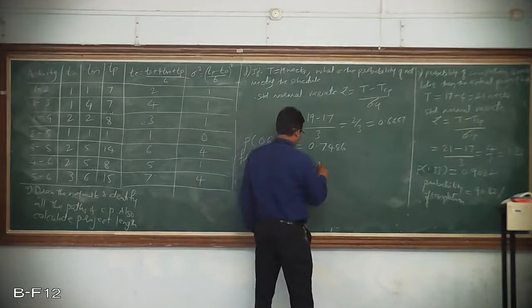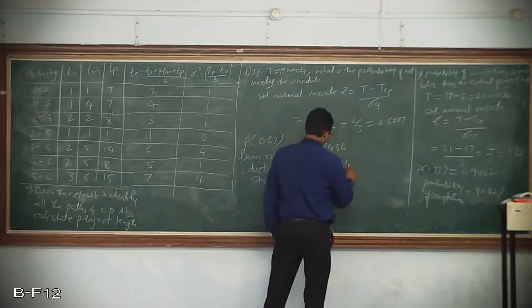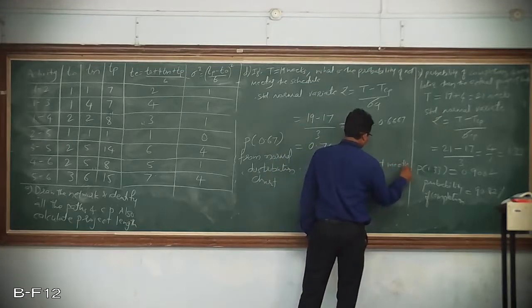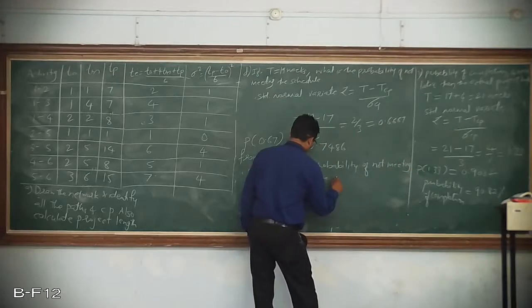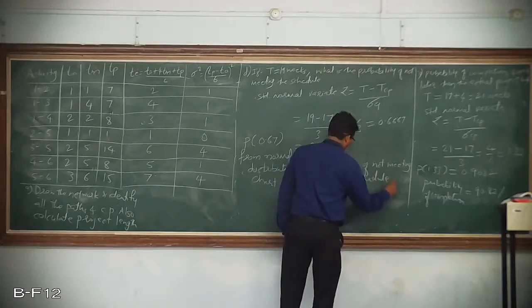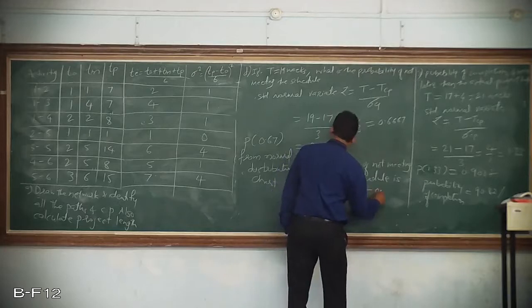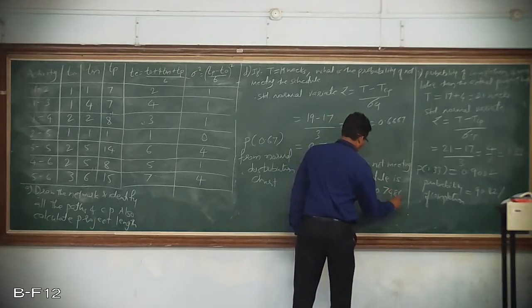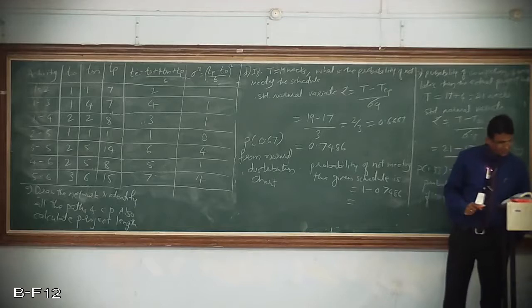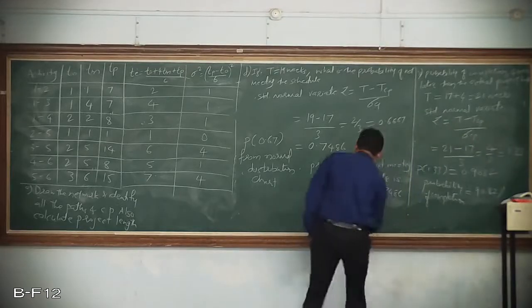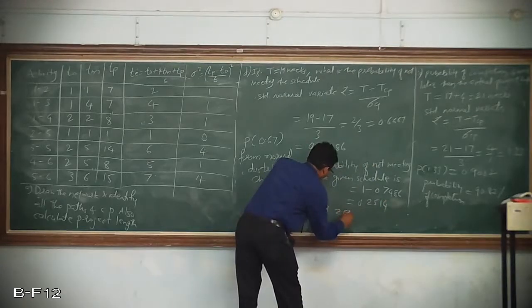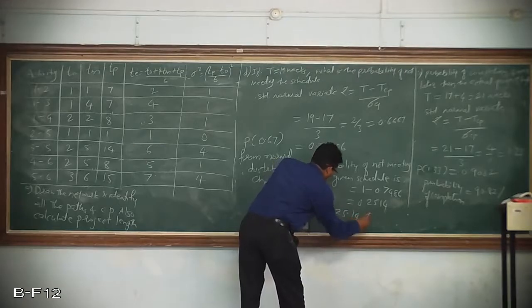Therefore, how much? 25 point, that is 0.2514 or 25.14%.